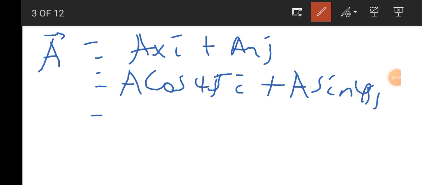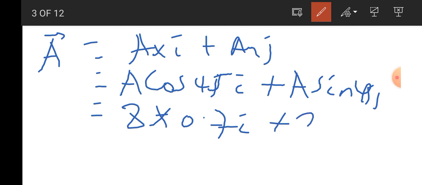So this is equal to A, what was the magnitude? It was 8. Cos 45 is 0.7, in the I direction, plus 8 sin 45, which is 0.7, in the J direction.